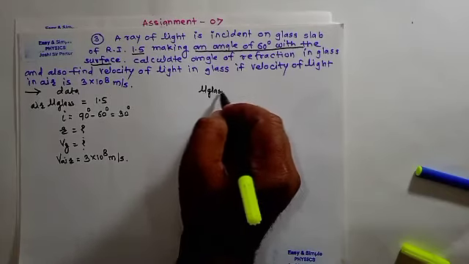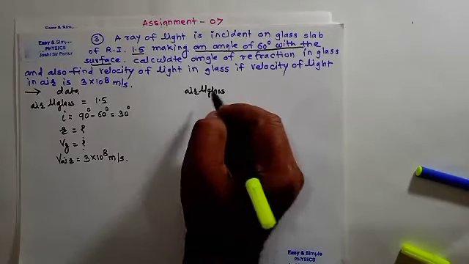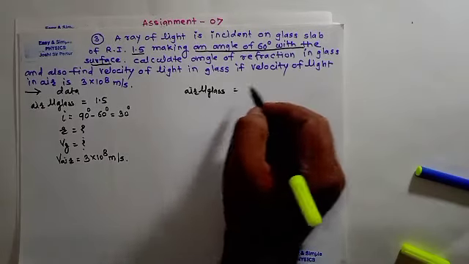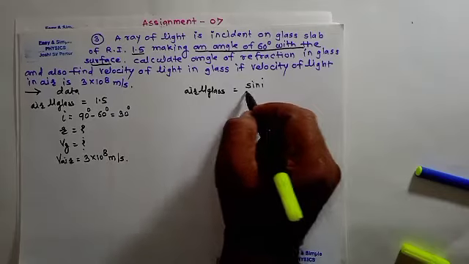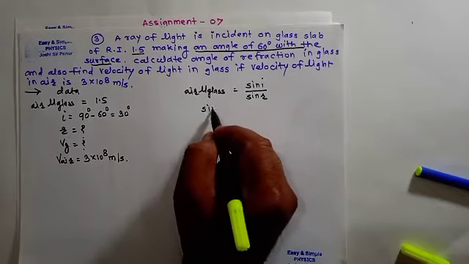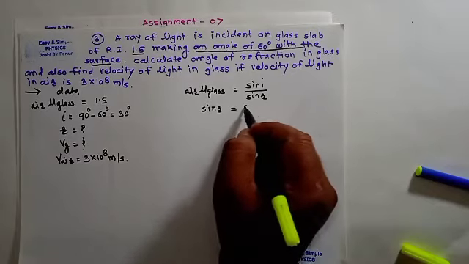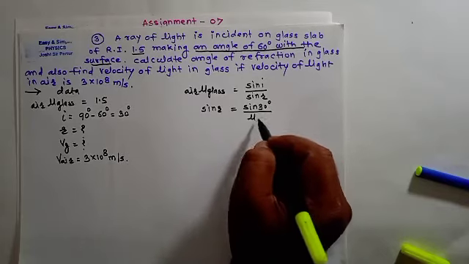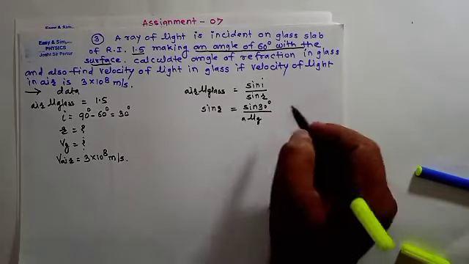Using Snell's law, mu of glass with respect to air is equal to sine of angle of incidence upon sine of angle of refraction. So, sine of angle of refraction is equal to sine of 30 degrees divided by mu for glass with respect to air.